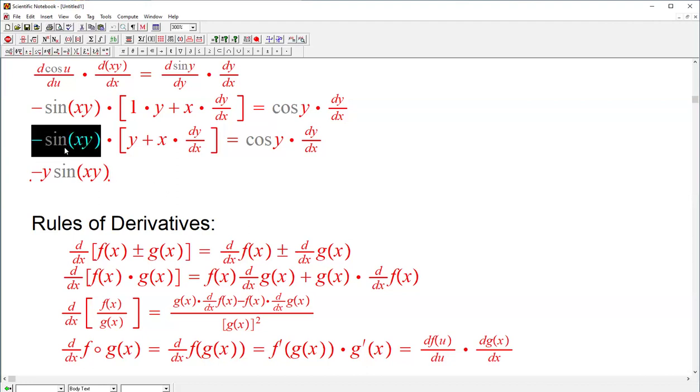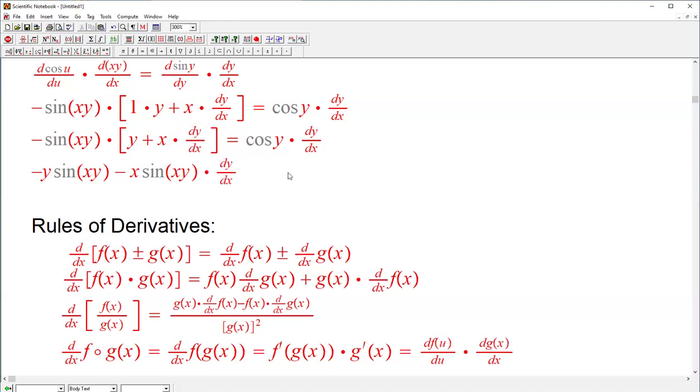The next one is we're going to take a negative sine of xy, multiply x. So that's going to give us negative, for the same reason, we put x in front of it, sine xy, and then dy/dx. On the other side, we just copy.